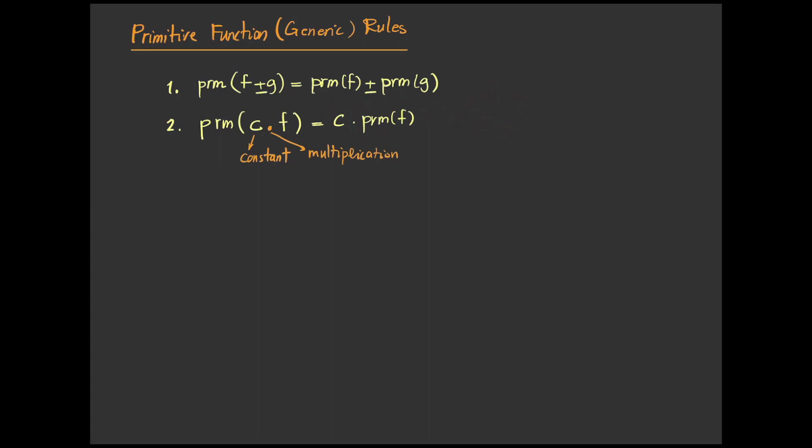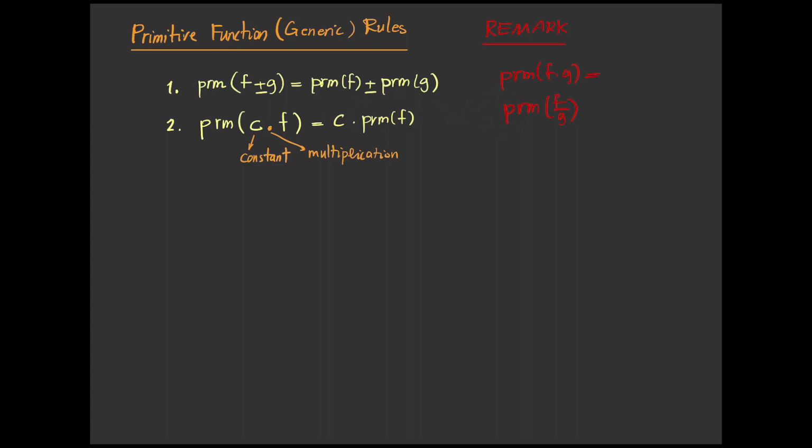Let me also write this as a remark, because every time I mention this, I still see people make mistakes. Remark: there is no particular rule for the primitive function of the product. There is no particular rule for the primitive function of the quotient.